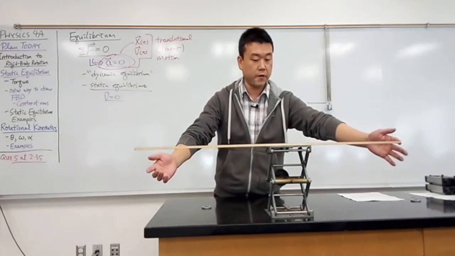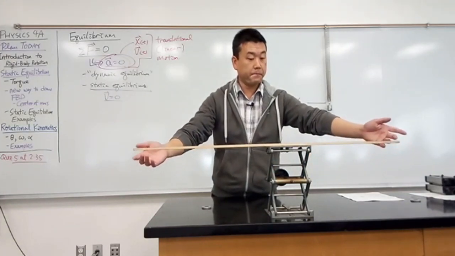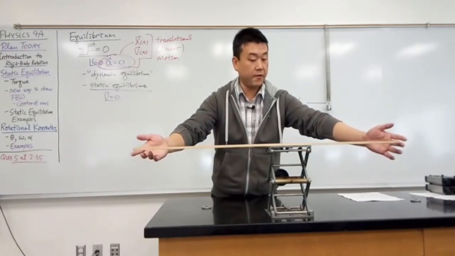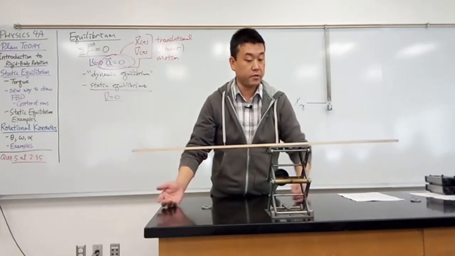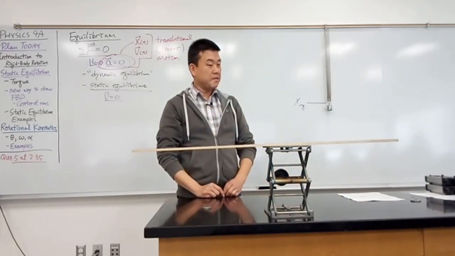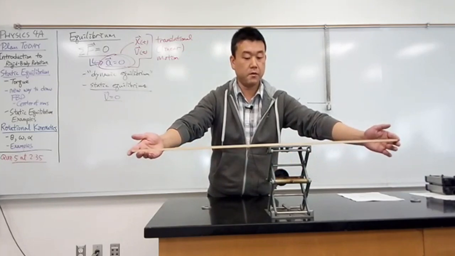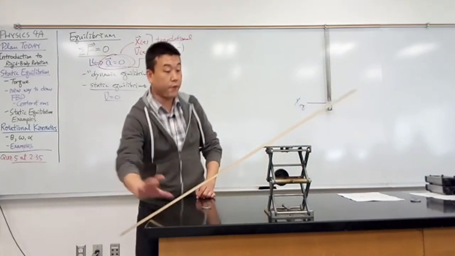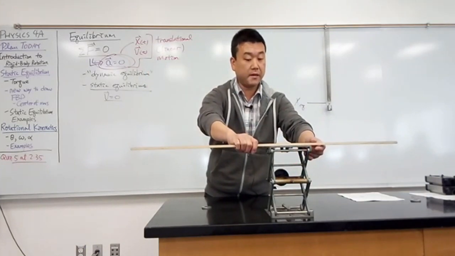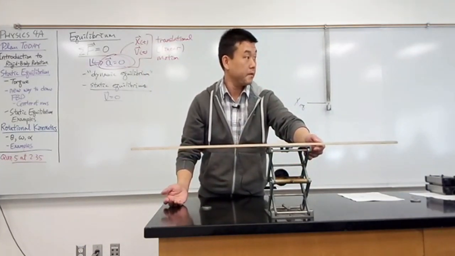As I push this over, even up to about this position here, net force is still very close to 0. And even here, net force is still very close to 0. But as you are beginning to see something happening to the ruler, something else is not quite 0 anymore. Move it a little bit more. And even though net force is 0, as in you are not seeing this ruler dramatically accelerate downward, something else is not 0.